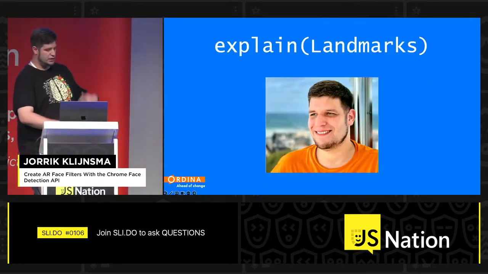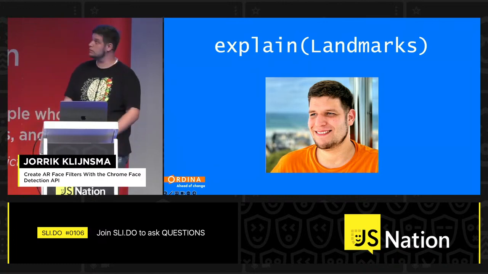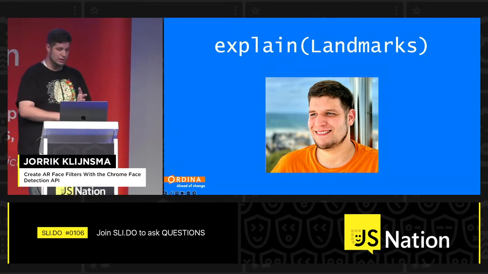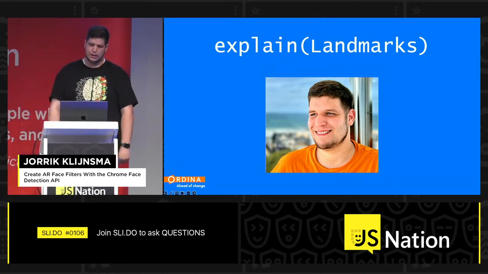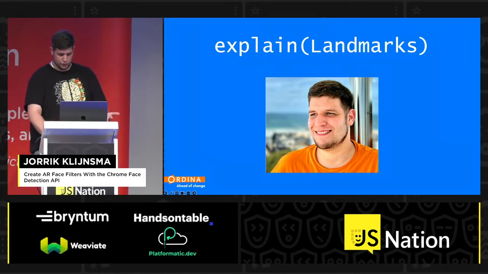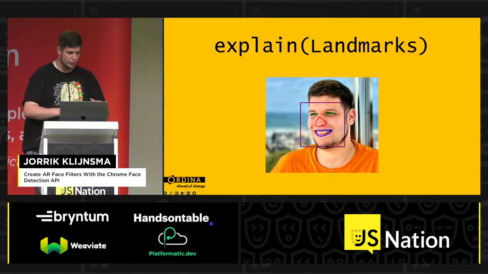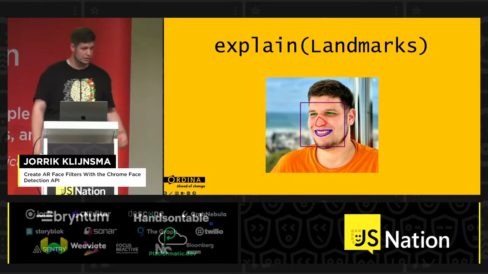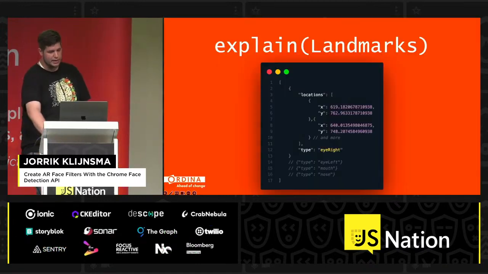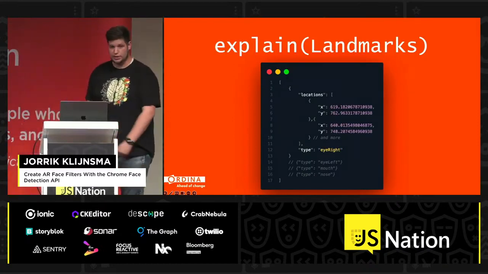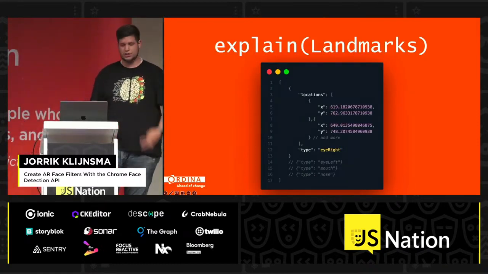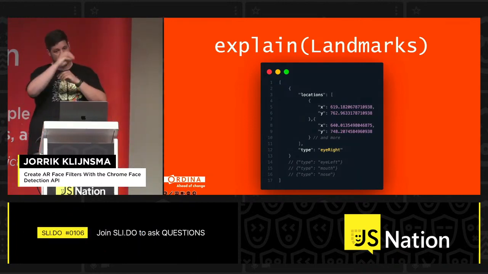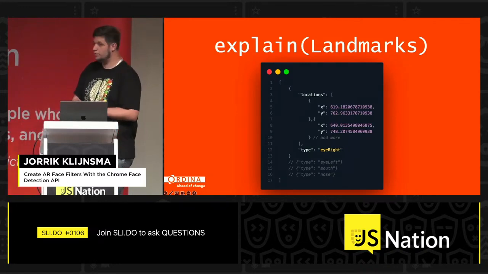So let's say I have this picture, and you see a face, and the face has eyes, a nose, a mouth, and a bounding box of the face. For it to properly give feedback, you see it detects those landmarks, which are called landmarks, and they are displayed in this type of object you get back. That is the faces object that gets returned from the detect function. So you get the location of the points for a particular type of landmark.